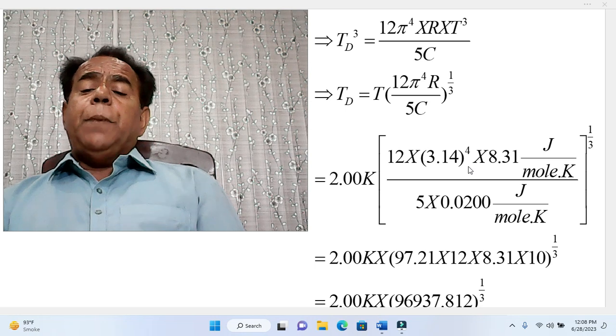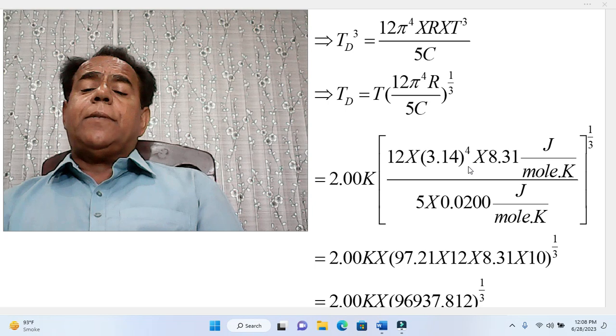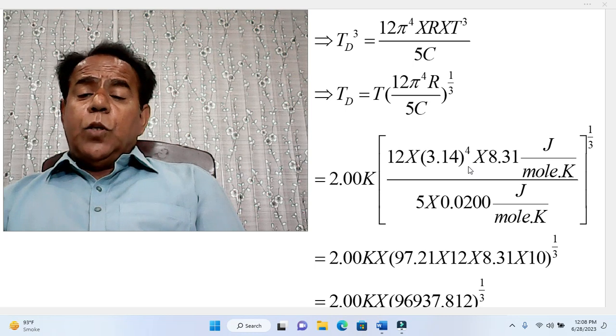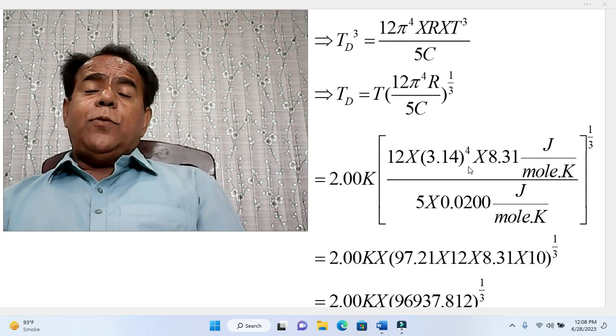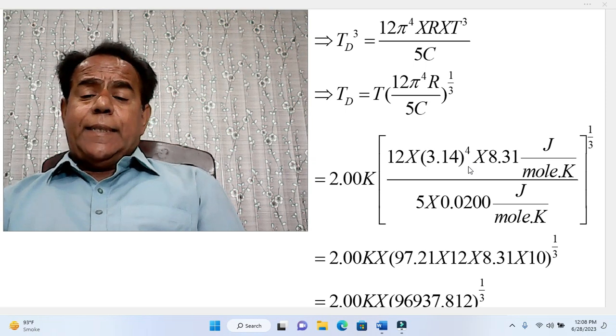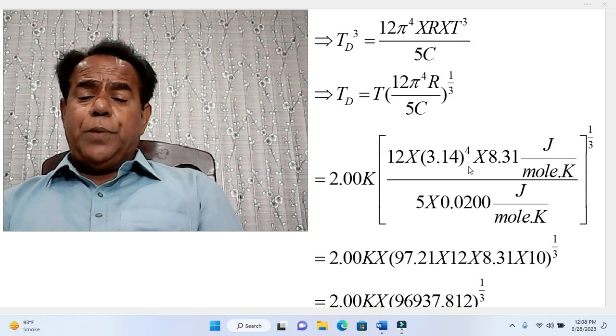Because if 2 is multiplied with 10 raised to the power minus 1, then it becomes 0.2, but if 2 is multiplied with 10 raised to the power minus 2, then it becomes 0.02.